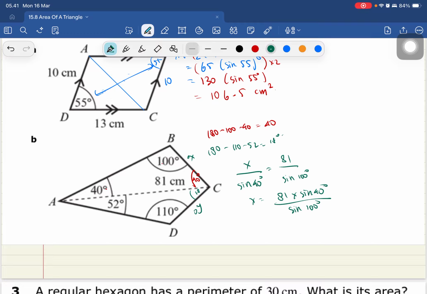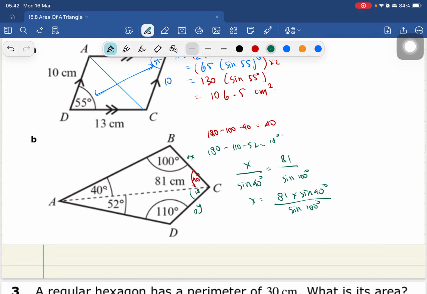So let's use a calculator. 81 multiplied by sine 40 degrees, and then we divide it with the sine of 100 degrees. I think there is something wrong with my calculator.